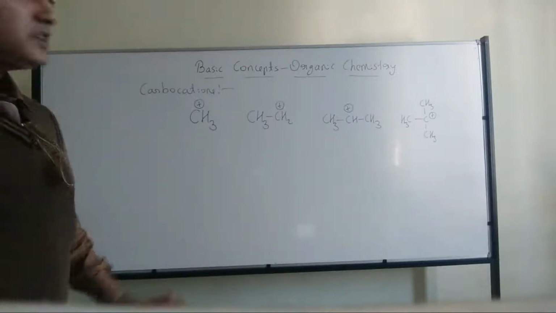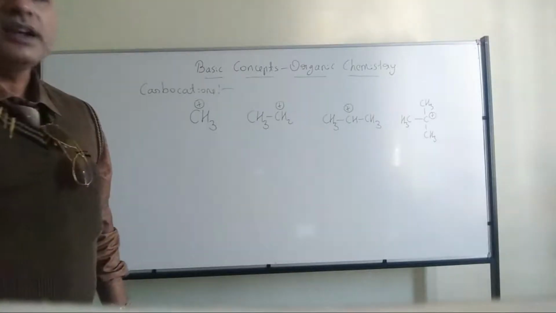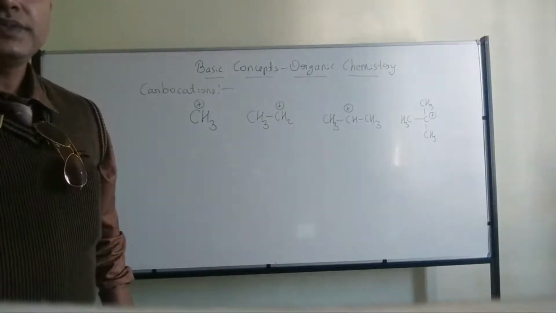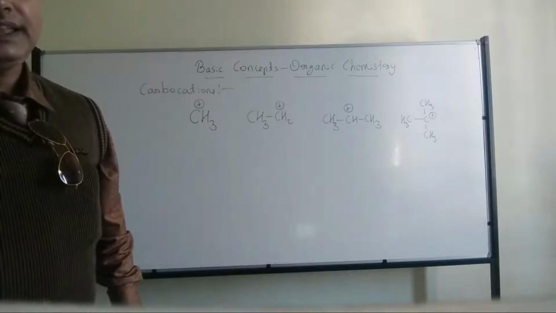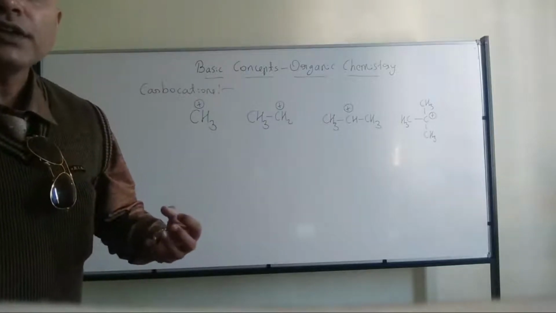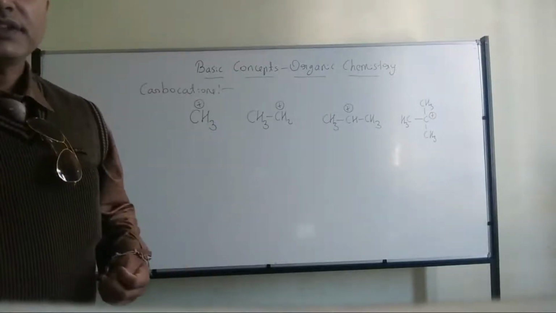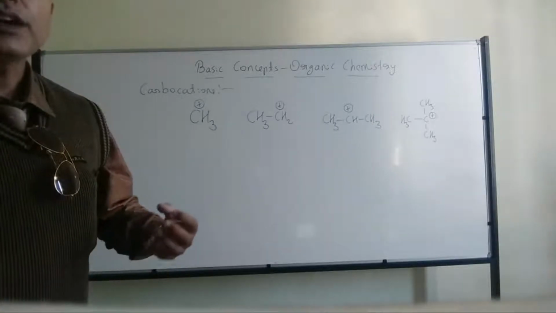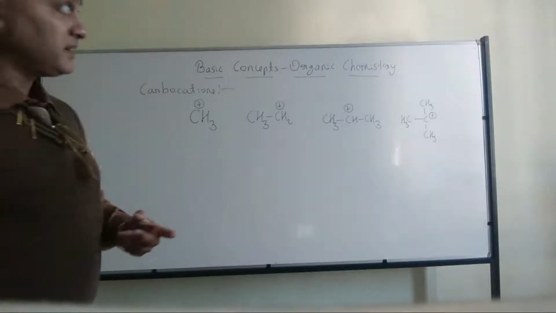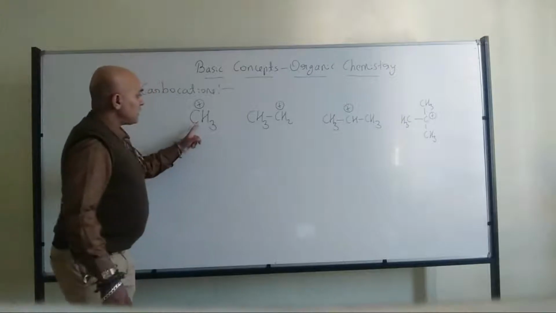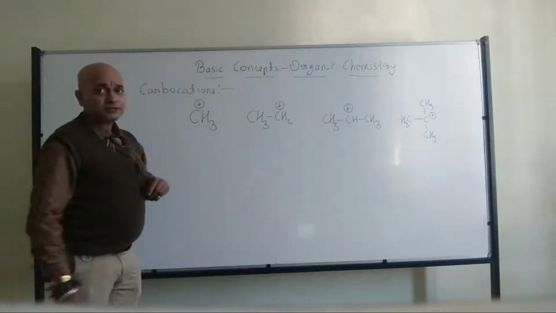Yes. In all the cases, carbons are having positive charge, no doubt. But if you observe it carefully, the environment around those carbons is different. In this case, carbon is bonded with 3 hydrogens.